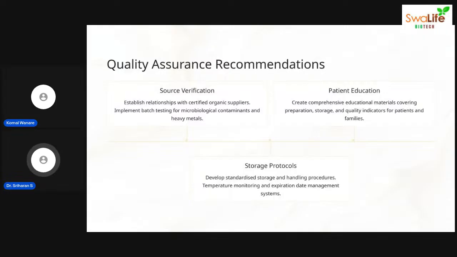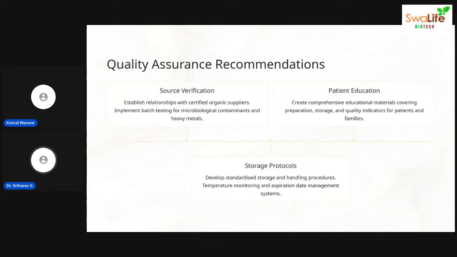So, quality assurance recommendation. Source verification is the main thing. If you select the correct source, you will avoid raw material variability, which is the main issue. You can also avoid pesticide residues when you get it from a good source.